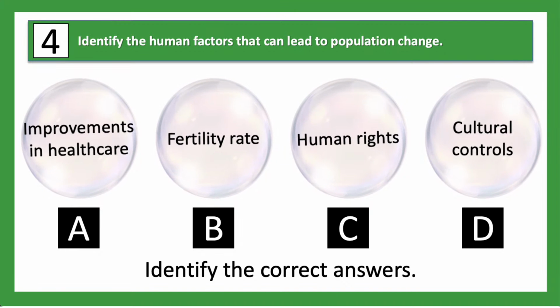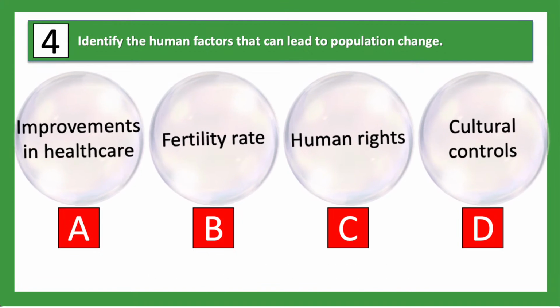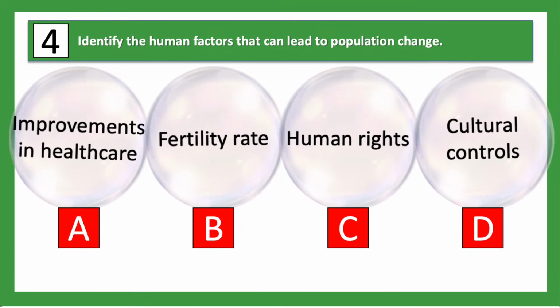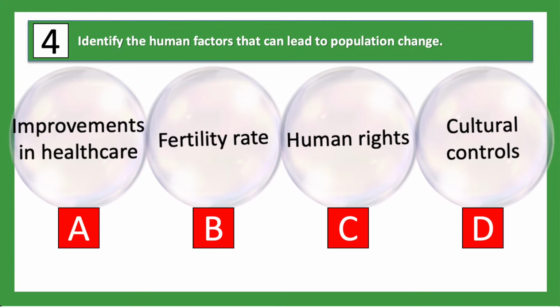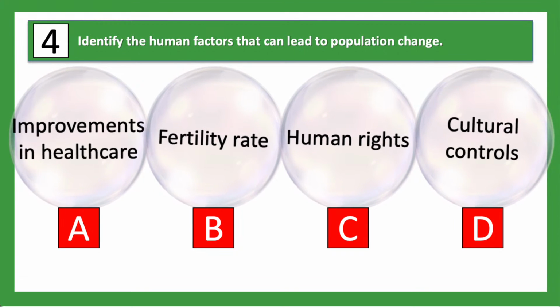What do you think? Let's have a look at some of these answers that are coming through. Let's have a look at the answer. It's all 4. So if you said A, B, C, D, well done. All 4 of those are human factors leading to population change.